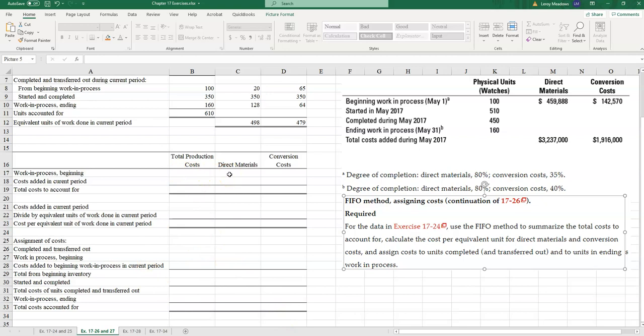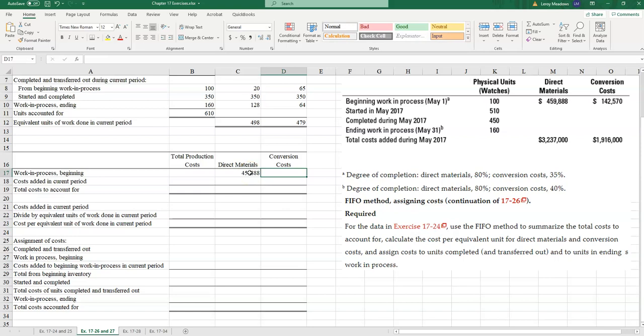So what was my beginning cost of work in process inventory? It was $459,888. We computed that up here. What was my conversion cost in beginning inventory? We see that right here. $142,750.